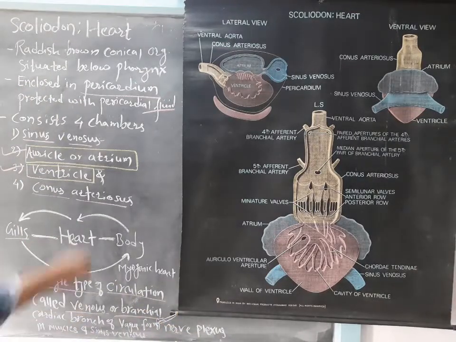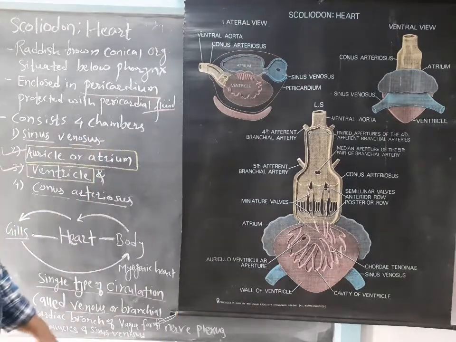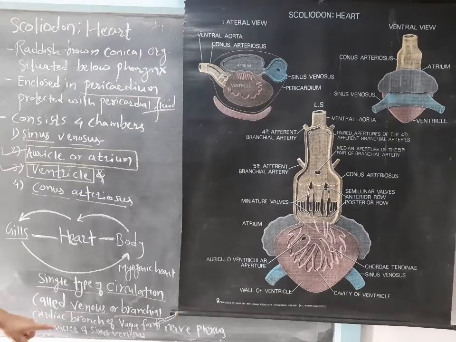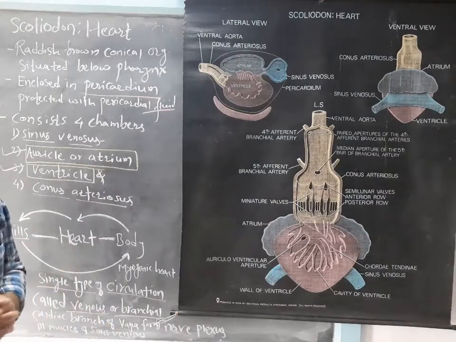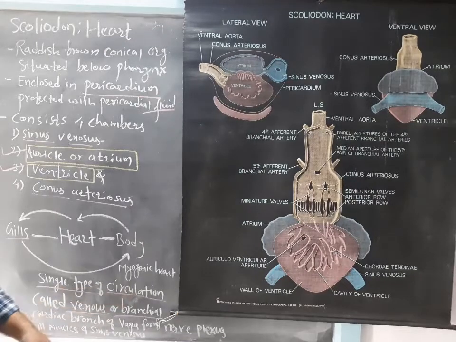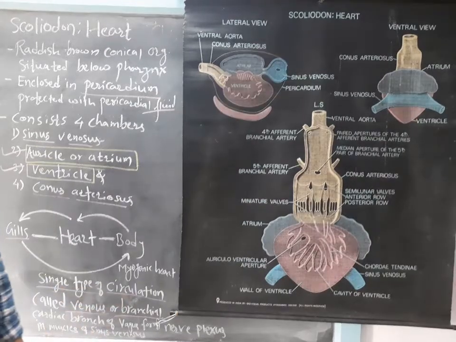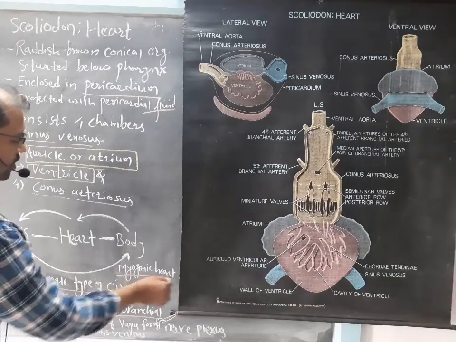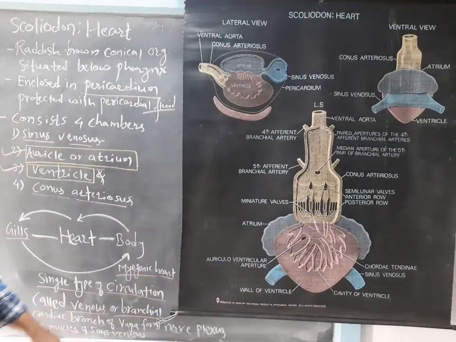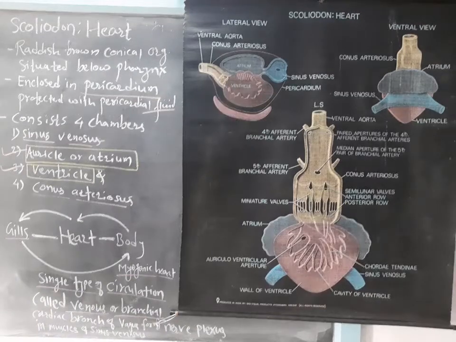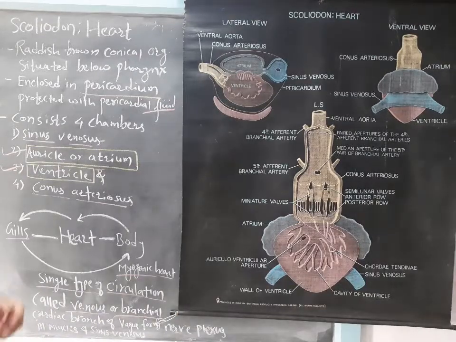The sinus venosus is the first chamber, and the vagus forms this nerve plexus of cardiac branches and initiates the heartbeat with the sino-auricular node at the sinus venosus. Because of the muscles involved, the heart is called a myogenic heart. The muscles of the sinus venosus, where the sino-auricular node is present, stimulate the heartbeat.